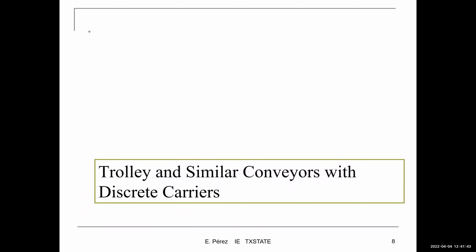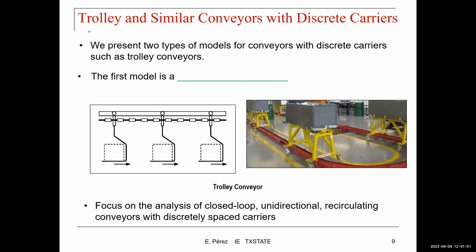Going back to our focus in this lecture, we're going to focus on the trolley and similar conveyors with discrete carriers. These are the type of conveyors shown in this picture. You have a specific capacity for each one of these trolleys. The idea is knowing the stations that are located around these trolleys, and knowing the amount of loading and unloading that you have to perform, designed for the capacity of these trolleys.